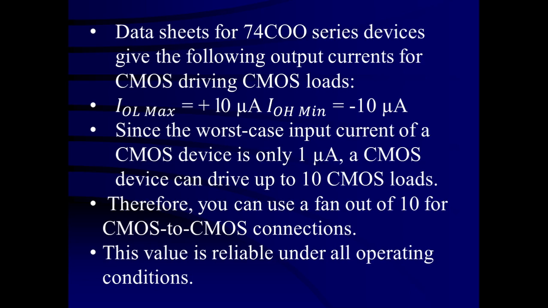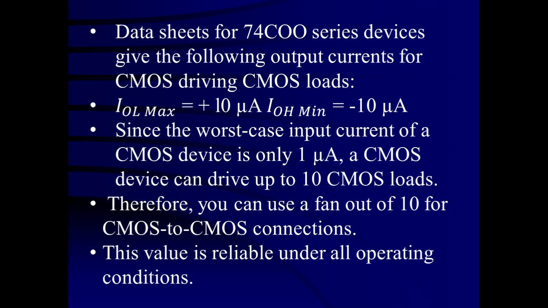I stands for current, O stands for output, L stands for when the output is low, and in the worst case the maximum current it can sink, when the lower transistor is conducting, is 10 microamperes going into the device. That's why it is a positive sign.